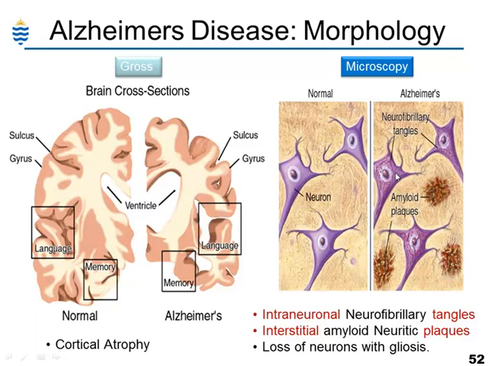Microscopically, three major features: intracellular neurofibrillary tangles of tau protein, an irregular network, and amyloid plaques outside, the two major. And then the third one is amyloid angiopathy, around the blood vessels, deposition of amyloid making the blood vessels thick, stiff and narrow.